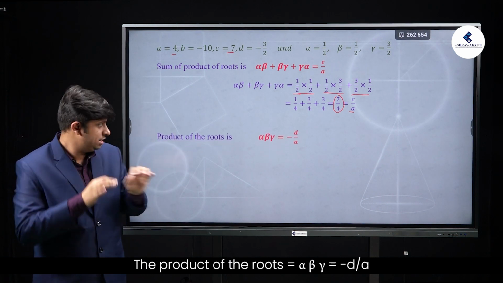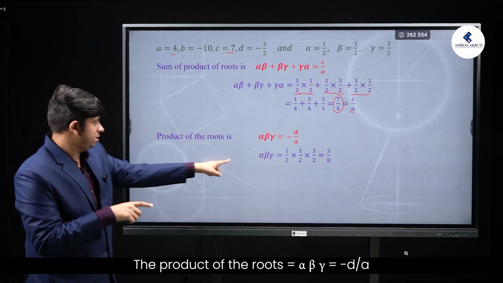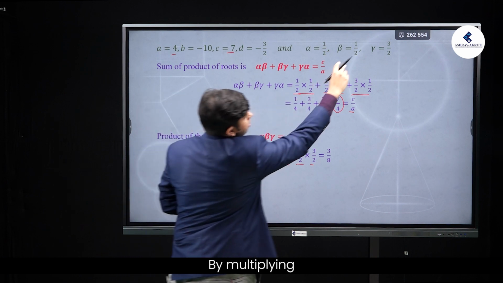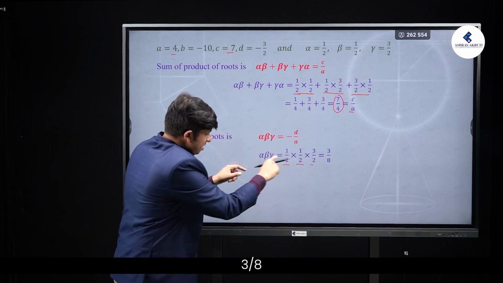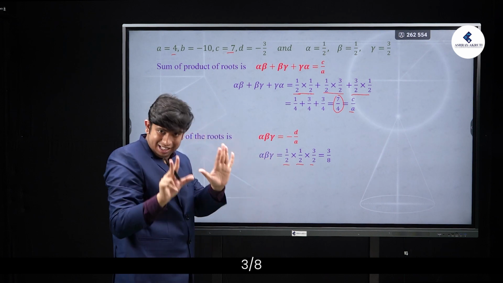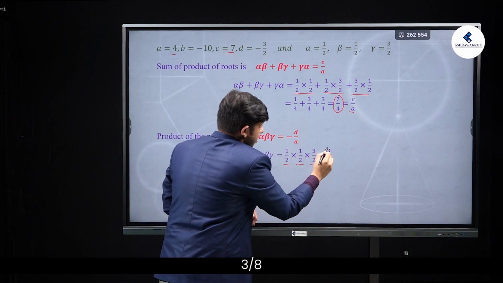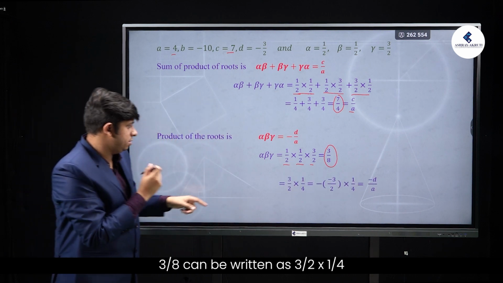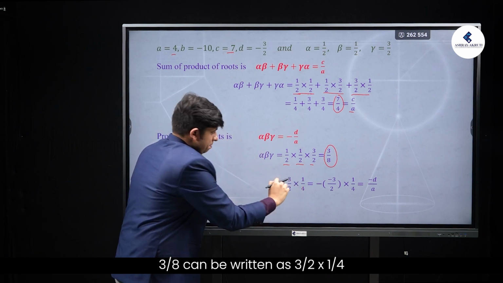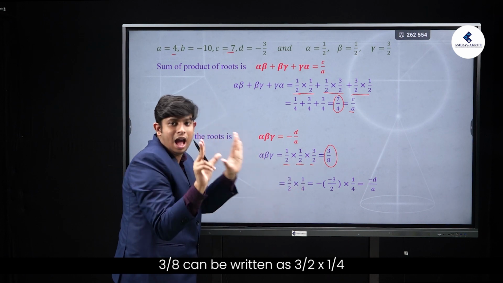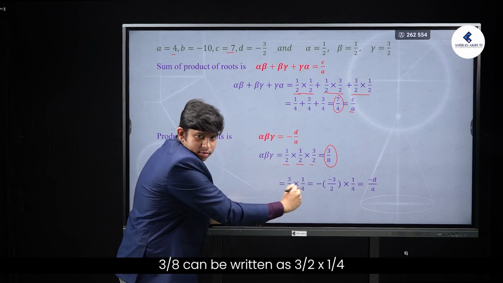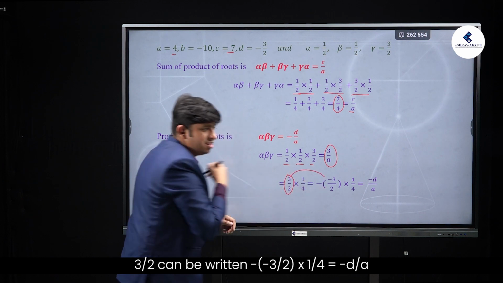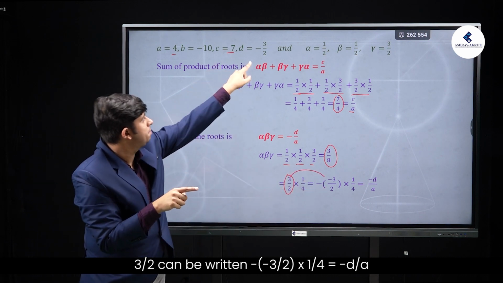Product of the roots is equal to alpha into beta into gamma, which is equal to minus d by a. Now substitute all the values of alpha, beta, gamma in the formula. By multiplying all the values, we get 3 by 8. Three by 8 can be written as 3 by 2 into 1 by 4, that is minus of minus 3 by 2 into 1 by 4, which is equal to minus d by a.